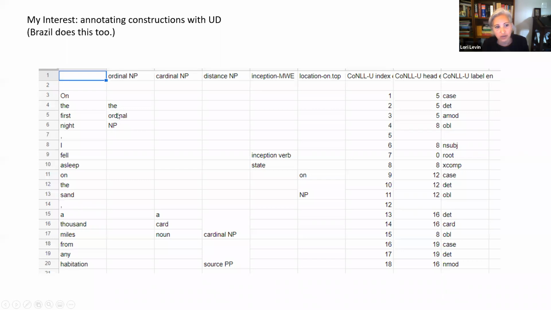So what I'm saying here is that there's a construction called ordinal NP, and it has 3 construction elements. And then if I had lined this up correctly, you could see how those construction elements correspond to the universal dependency labels.